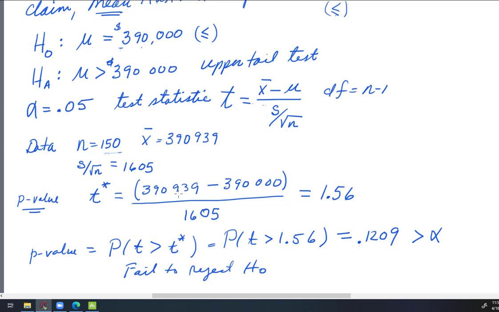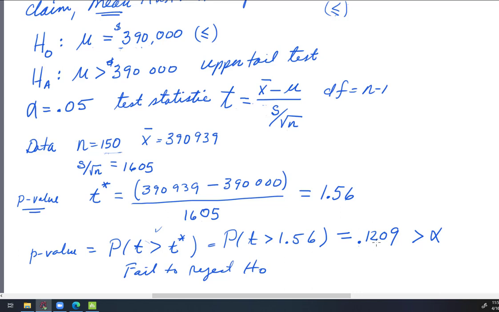So the question is, how surprising is finding an x bar of 390,939 or more? And that's this probability that we calculate right here, and we find that this probability is 0.12. Given the truth of the null hypothesis, that's how we did this calculation, and the probability is 12%.